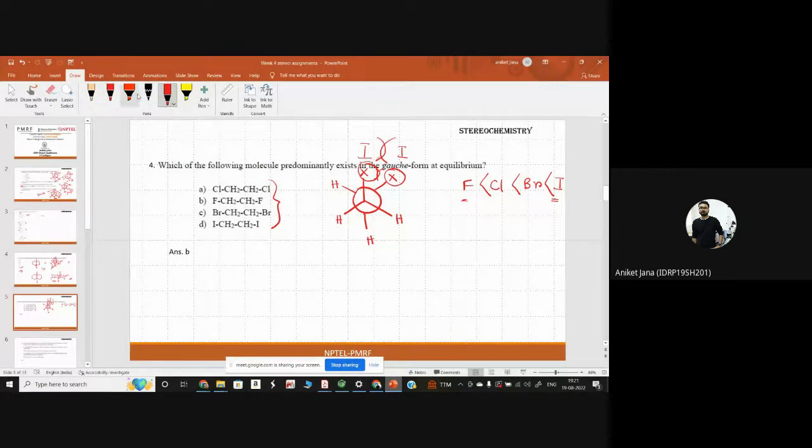Okay. And in case we put the fluorine atom here, the smaller one, then the possibility of interaction will be lower, right? So definitely in case of fluorine, it will tend to form the more stable isomer in gauche than chlorine, bromine, and iodine, right?